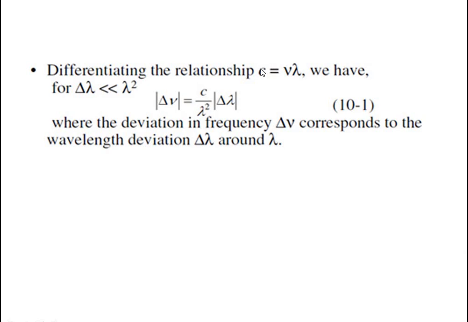Differentiating this, for delta lambda, which refers to wavelength deviation, which is much less than lambda, will yield after differentiation delta nu equals c by lambda squared times the modulus of delta lambda, where delta nu is the deviation in frequency which corresponds to the wavelength deviation given by delta lambda around lambda.